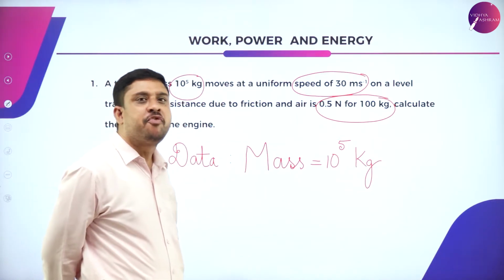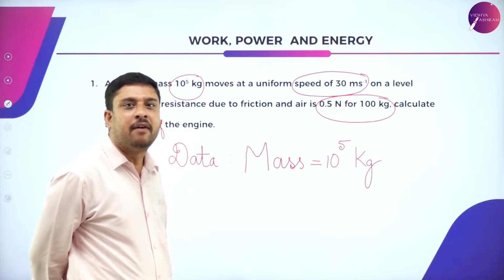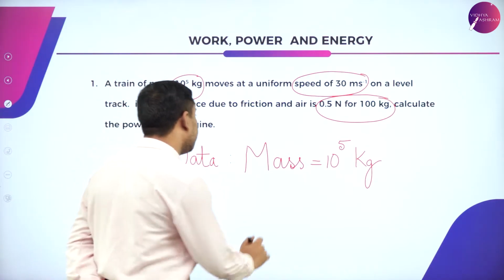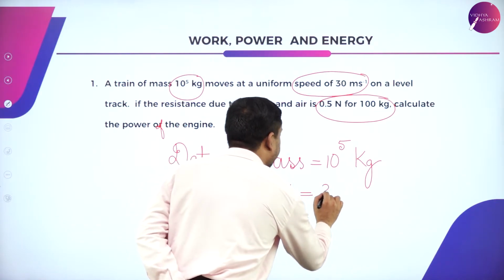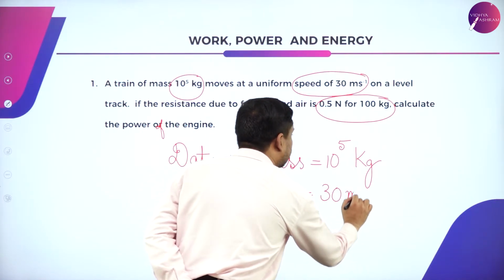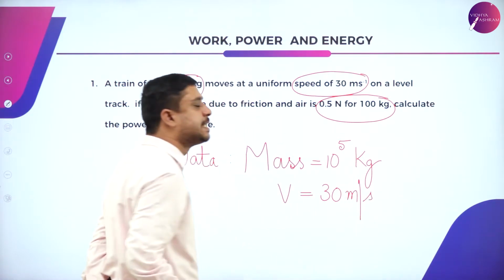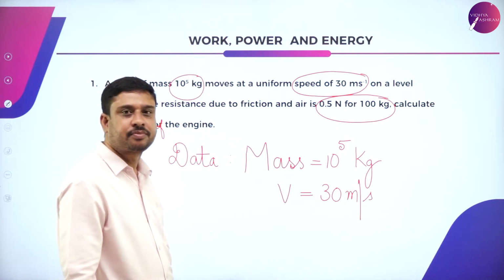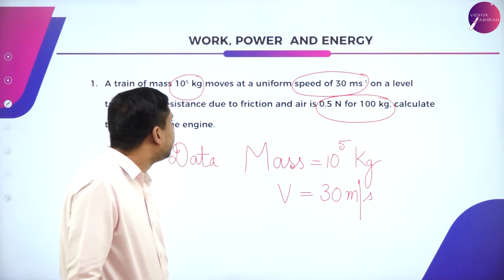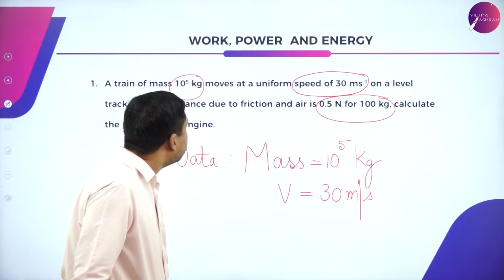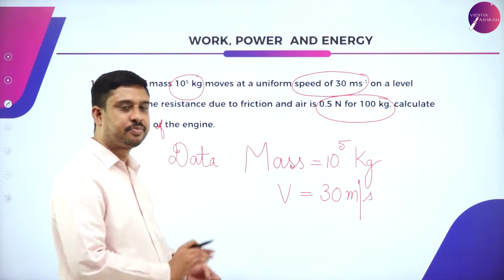Train of mass 10 power 5 kg moving with a uniform speed of 30 meter per second.